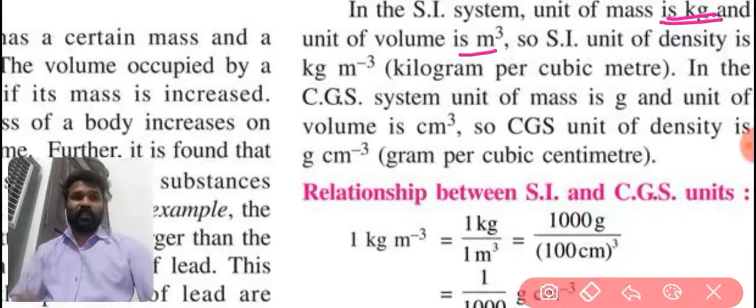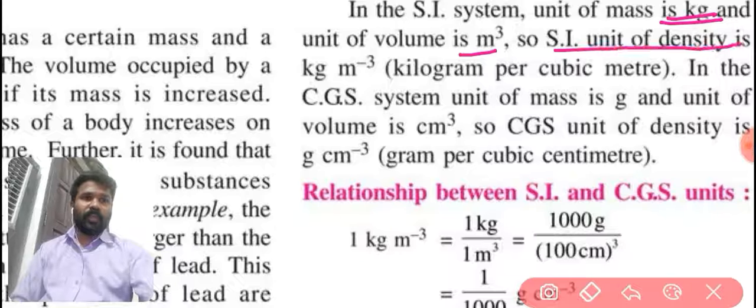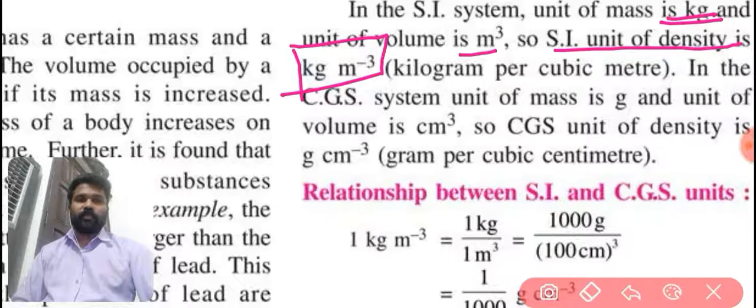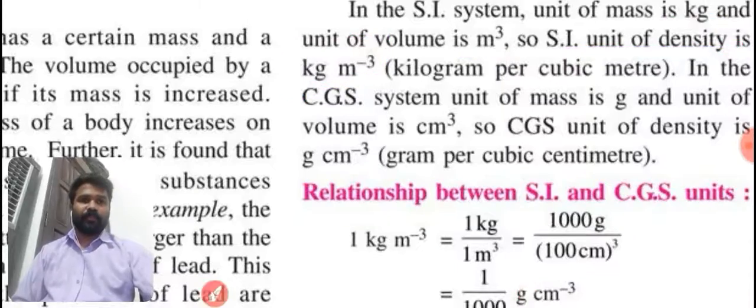So the SI unit of density is kilogram per meter cube, or kilogram per cubic meter.